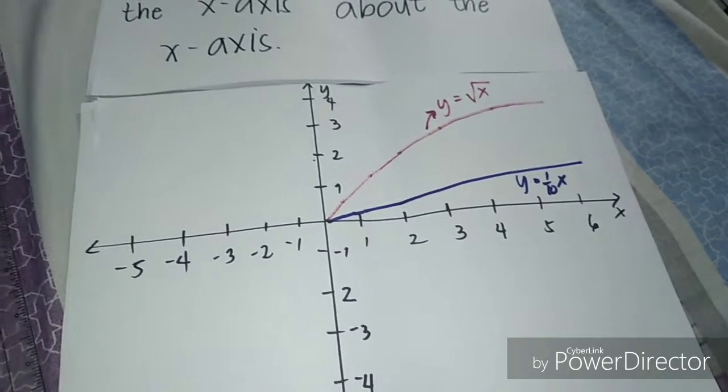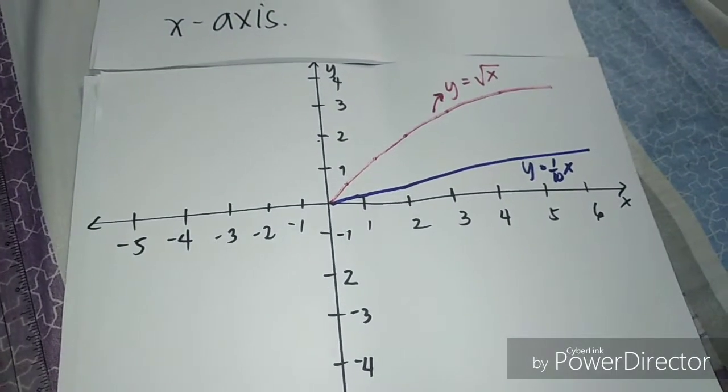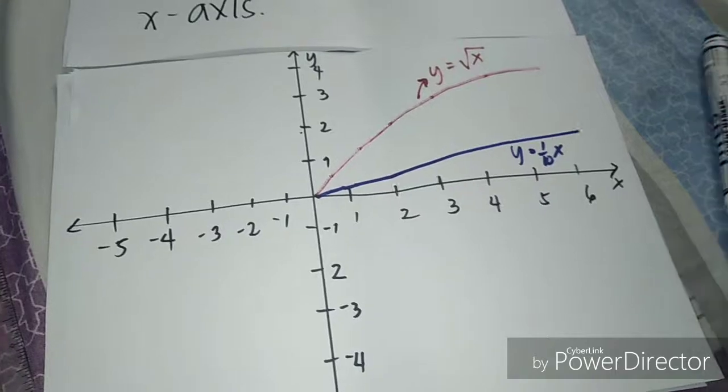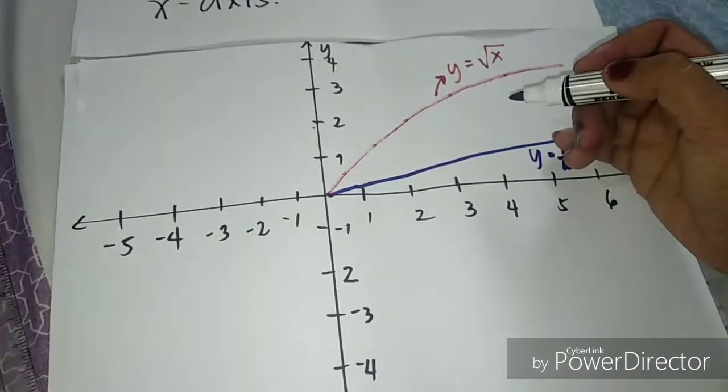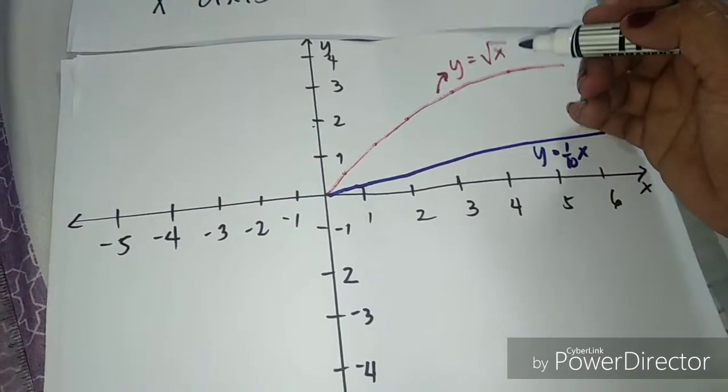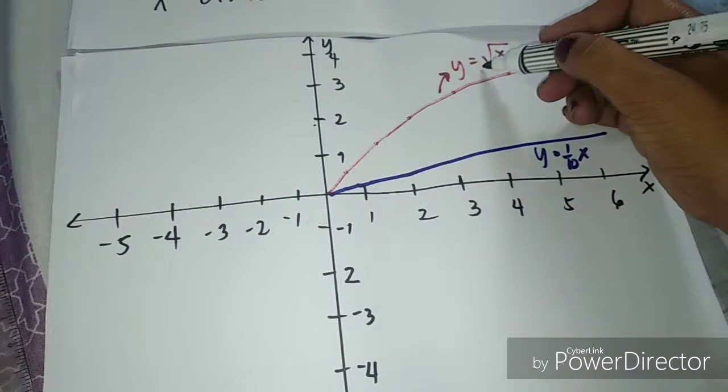And we are going to cut this off at x is equal to 4, and draw a line down when x is equal to 4.